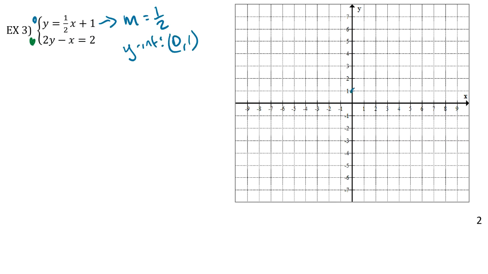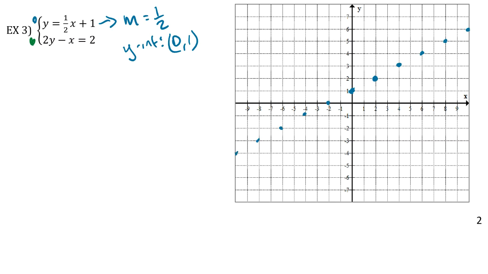All right, so it means we're going to start up 1. And then for our slope, it means we're going to go up 1, right 2, up 1, right 2, over and over. And again, you can always go the other way by just reversing those directions. So down 1, left 2.